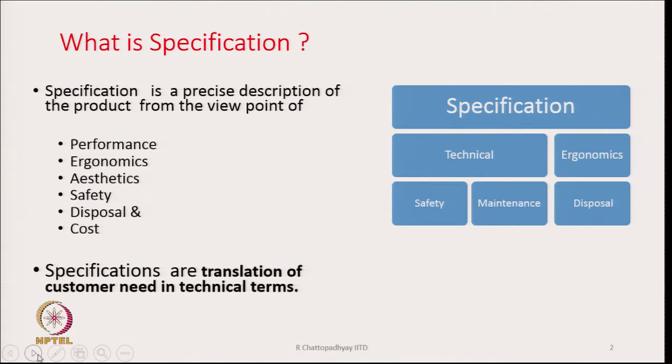Within the specification, we can have technical aspects of the product, such as ergonomics, safety, maintenance related aspects, and also disposal. All of them are a part of the specifications.